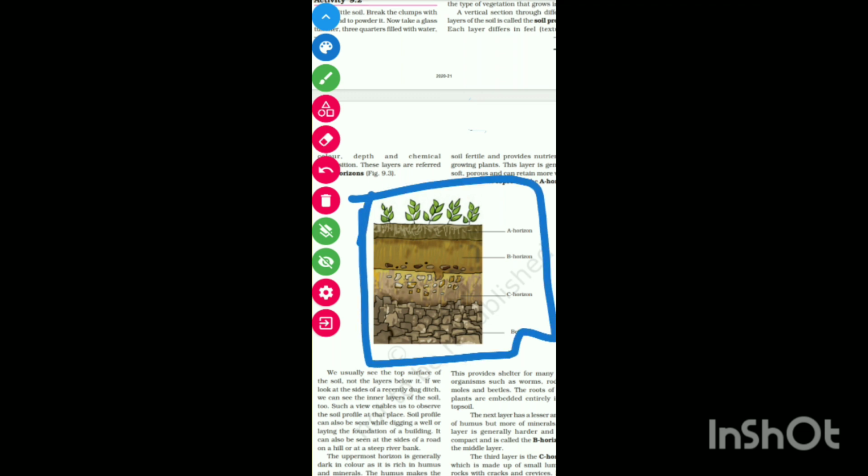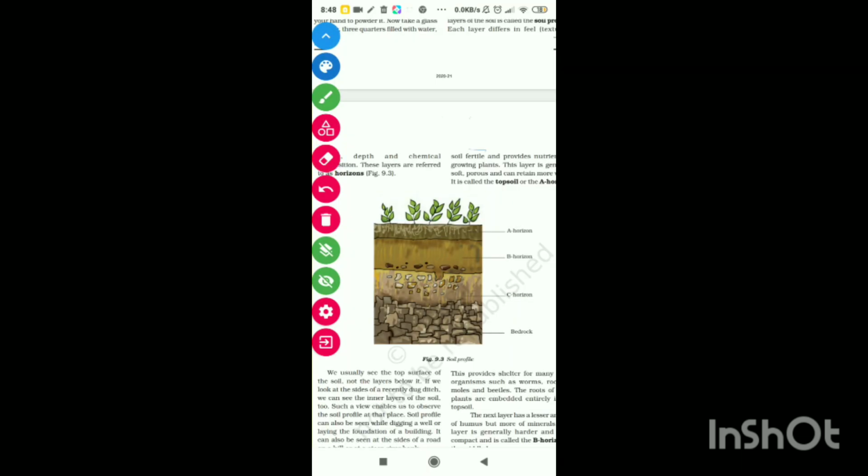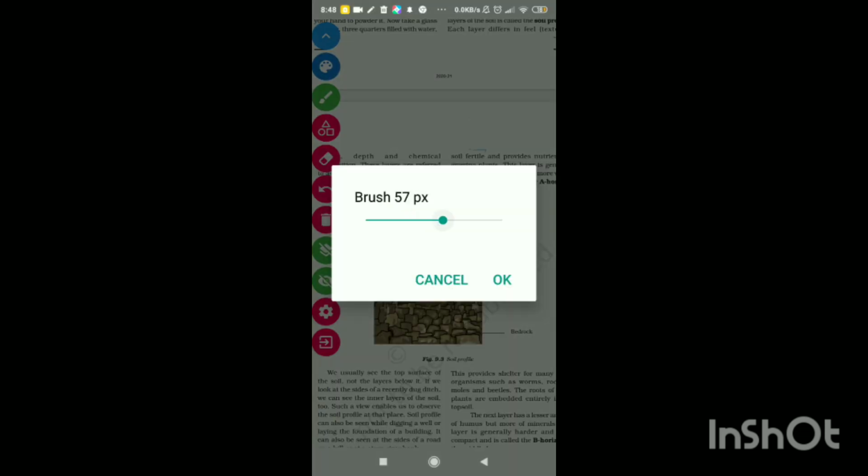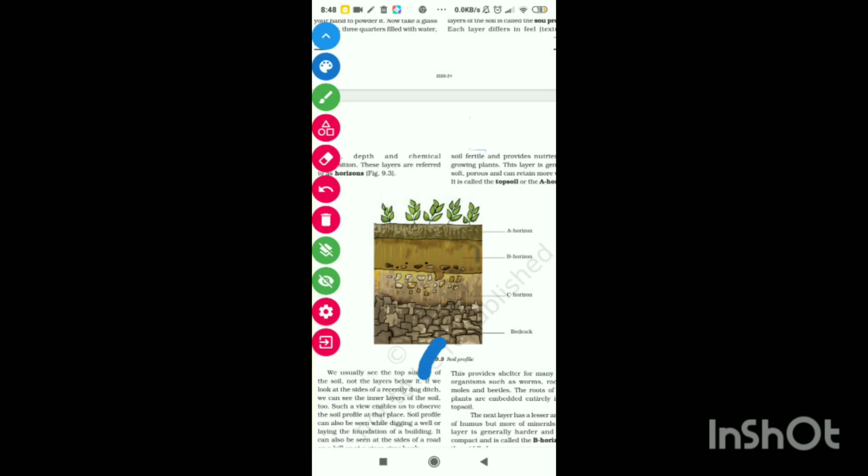The soil profile consists mainly of 4 layers. They are A horizon, B horizon, C horizon, and bedrock. So first we will get to know about A horizon. A horizon is also called topsoil.